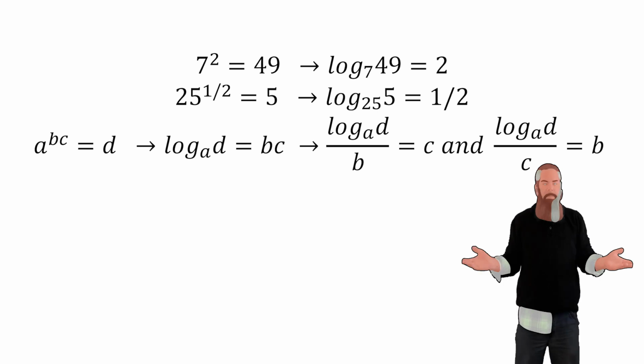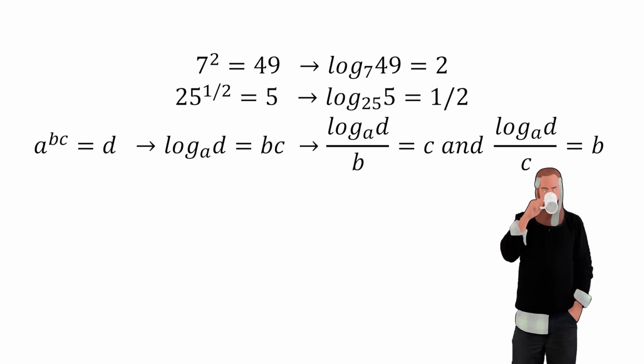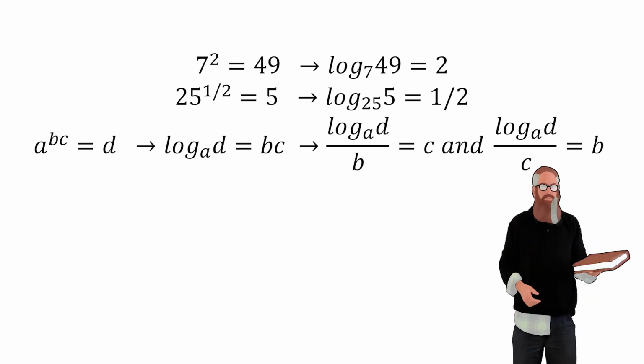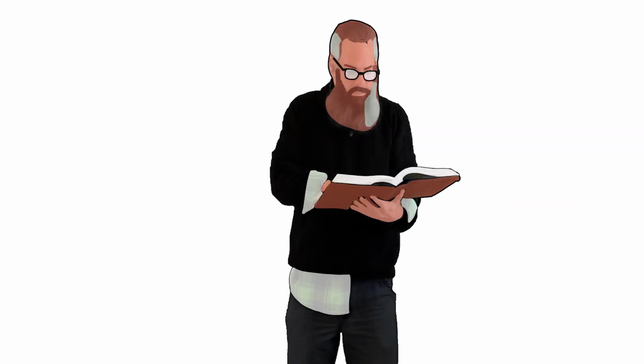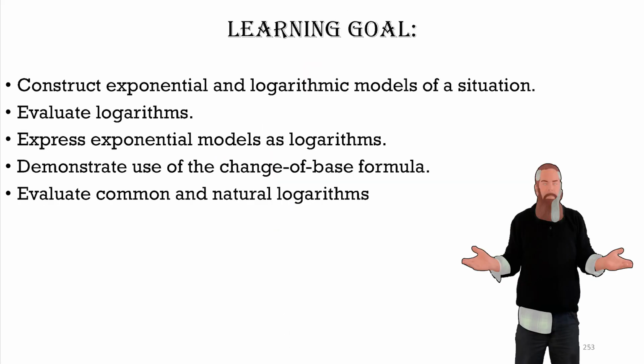This gives us log base a of d divided by b is equal to c, and log base a of d divided by c is equal to b. In the examples that follow, we're going to use logarithms to solve for exponential variables using the maturity of a savings account. Let's construct exponential and logarithm models.